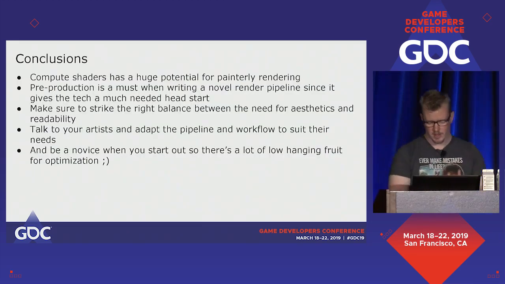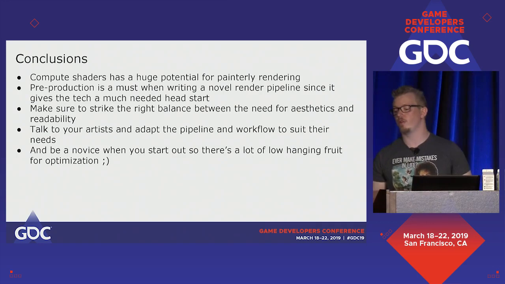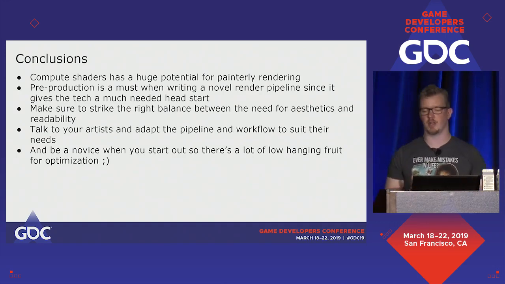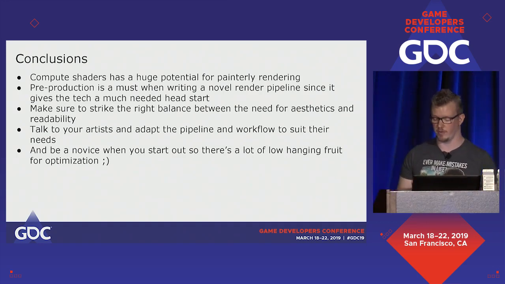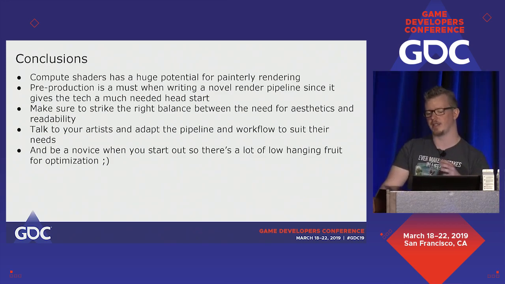All right. So to conclude on all of this, pre-production is really a must if you're trying to do something that is as weird as we tried to achieve. And it's important that the technology has a head start before the rest of production ramps up. Also, talk to your artists and make sure that what you're developing is actually what they need.